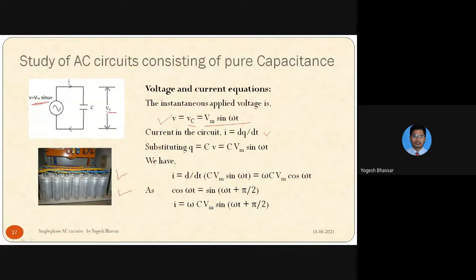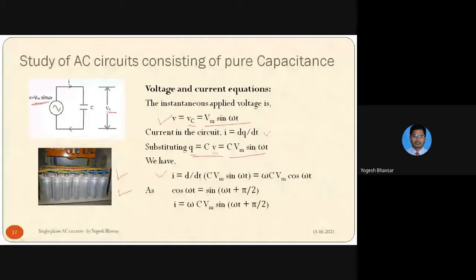Again we know the charge q is equal to C into V, so q is equal to CV. We have V equal to Vm sine omega t, so we can put it here, Vm sine omega t. Then we can use this in the above equation for dq by dt.